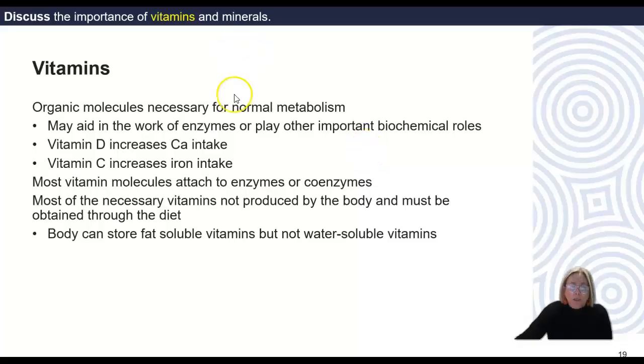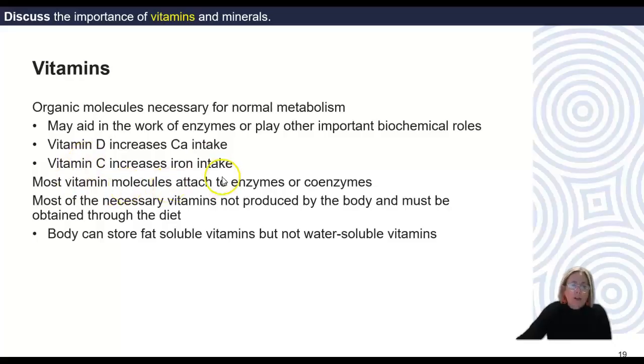We also need vitamins in our diet. Now, these are organic molecules that are necessary for normal metabolism. They may aid in the work of enzymes or play other important biochemical roles. Vitamin D, we've talked about that one quite a bit, increases calcium intake from the GI tract, and vitamin C increases iron intake.